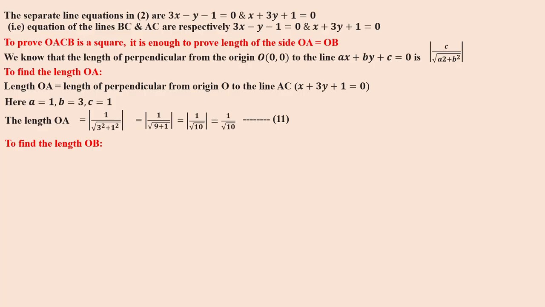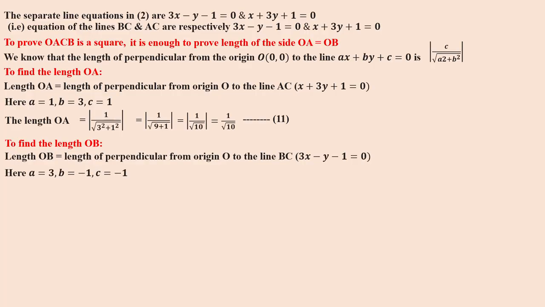To find the length of OB, the length of OB is equal to the length of the perpendicular from the origin to the line BC, because O is the origin and B is on BC. So that is why we are taking the length of perpendicular from the origin O to the line BC, 3x minus y minus 1 equal to 0.